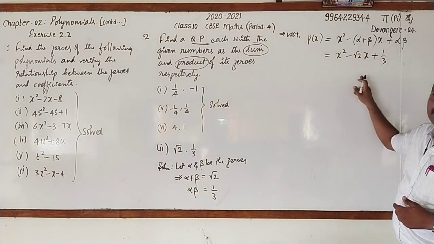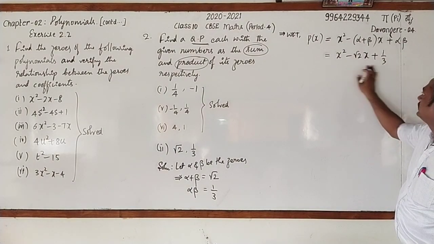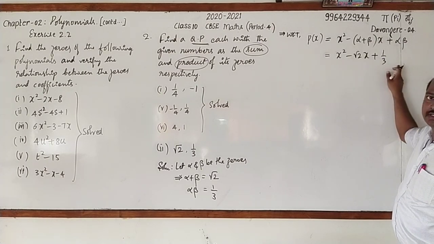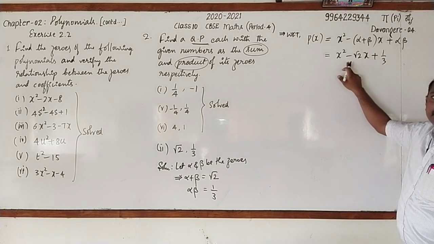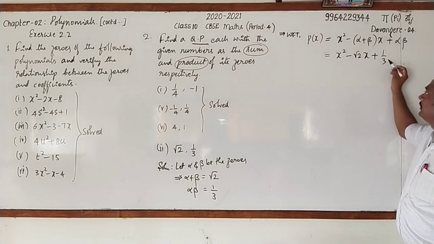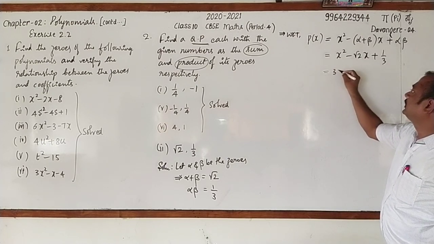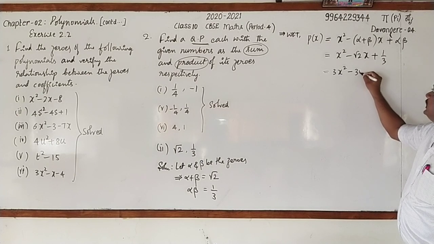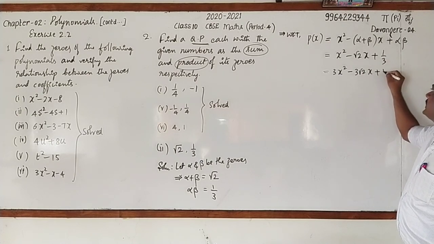Since we have a denominator in a term, you have to multiply that denominator with all the terms. If more than one denominator is there, you have to take the LCM. But here there is only one, that is 3. Multiply 3 with all the terms. It becomes 3x square minus 3 into root 2 x plus 1.